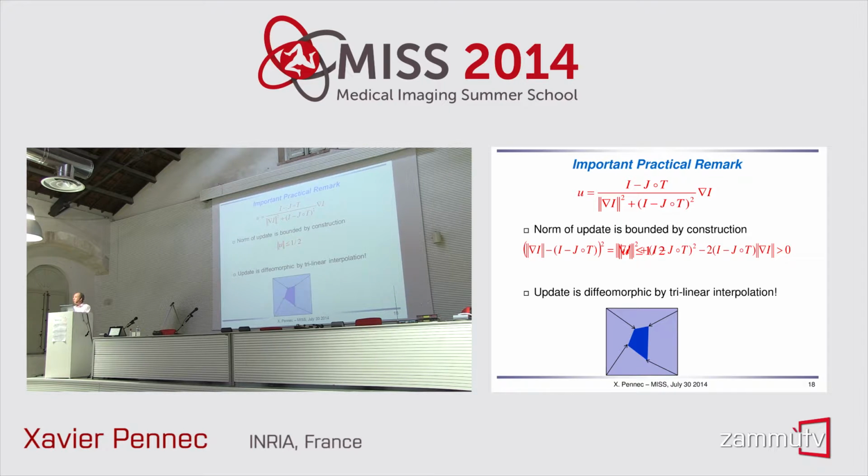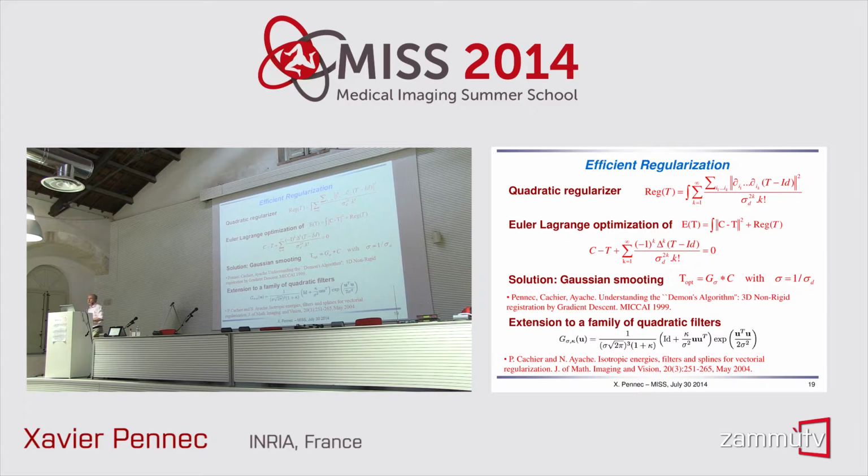And that is something which was unexpected, which is just the result of the formula, and this is one of the things that is actually making the algorithm work correctly. Each time the update is diffeomorphic. So it means that at each step, we do not fold the image in any case.